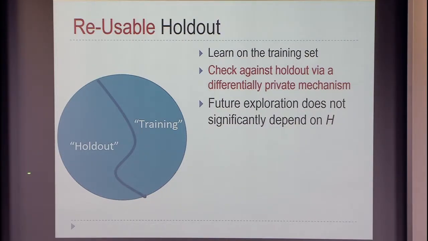What differential privacy essentially says is, if you've accessed the holdout set in a differentially private way, then your subsequent queries are, roughly speaking, independent of the holdout set. So you can use it again. It's a reusable holdout set. The ability to reuse is new.